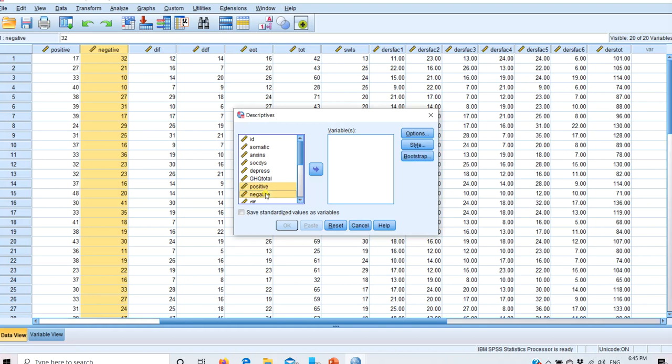We are interested in positive and negative effect for the present example. So we will transfer the variables for analysis in this box. The positive and negative effect have been transferred here. Now we will check this box, save standardized values as variables, and then we will click OK.